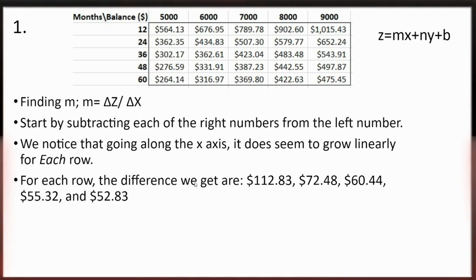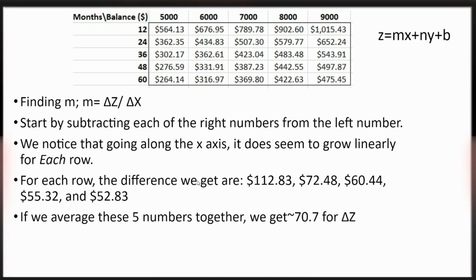So for each row, we find the differences. We get 112.83 for the top row, 72.48 for the second row, 60.44 for the third, 55 for the fourth, and 52 for the fifth. We take the average of them, and we get roughly 70.7 for our change in z.